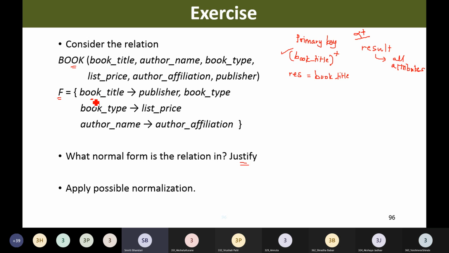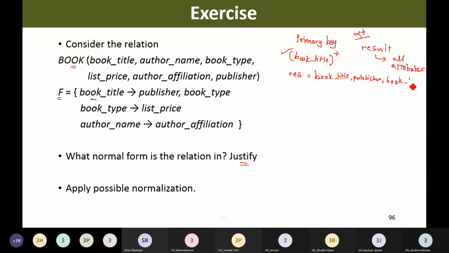What I need to check is whether the left hand side of the functional dependency is present in our result. So it is present in our result. So what we need to do? We need to have a union of the old result with the right hand side. So what we'll be getting here?